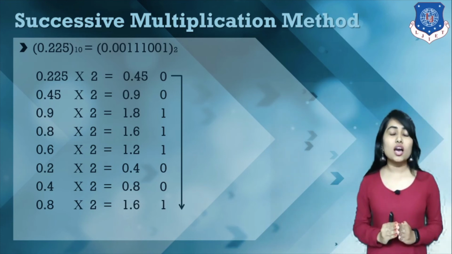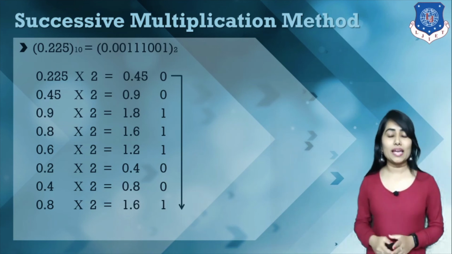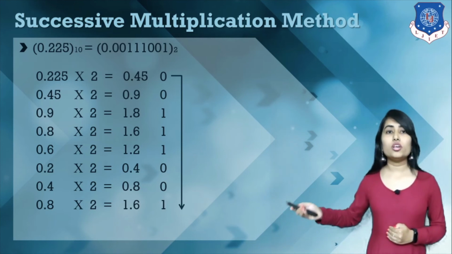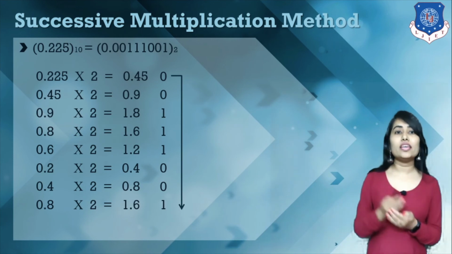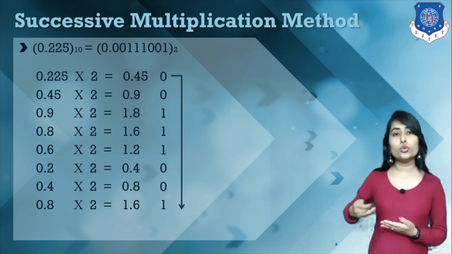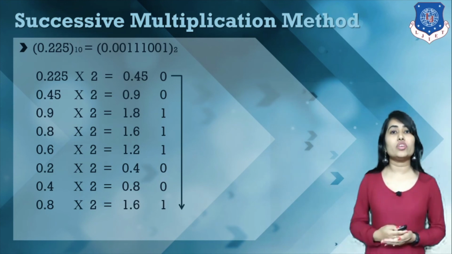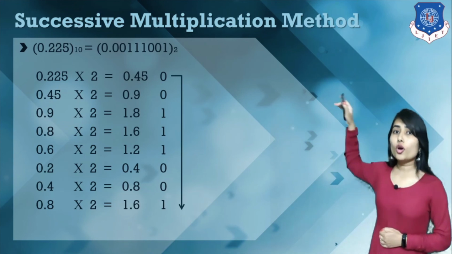So this is how we can convert a decimal fraction into binary. By doing this successive multiplication we have integer bits, and these integer bits are represented from top to bottom.